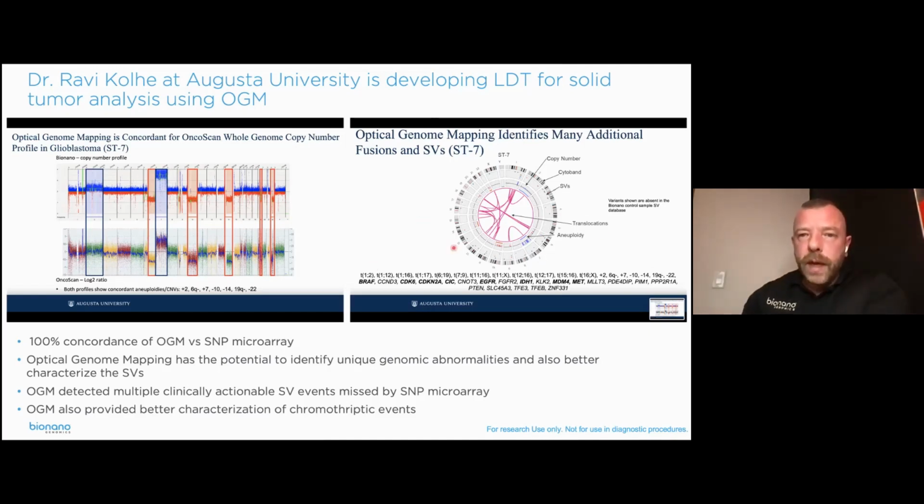And then on top of that, optical genome mapping identified many gene fusions and a whole lot of genes affected by structural variants in these glioblastoma samples.